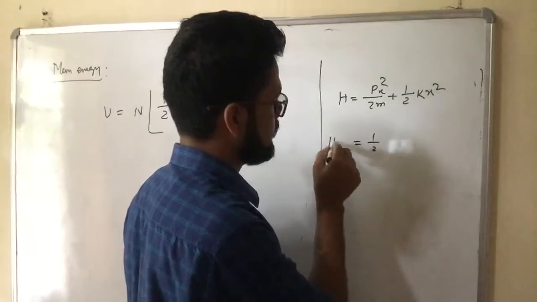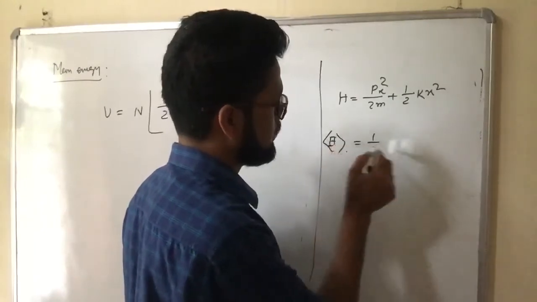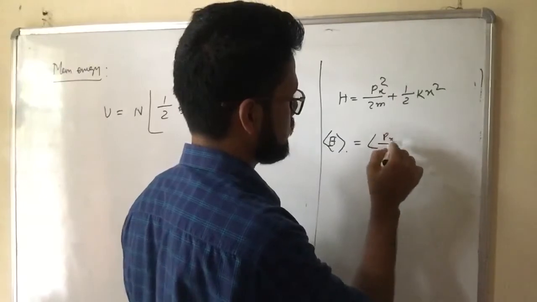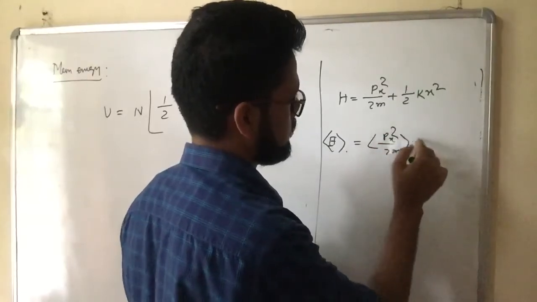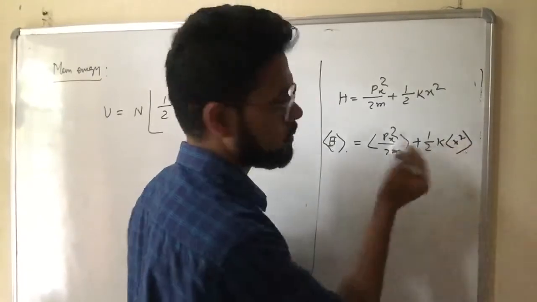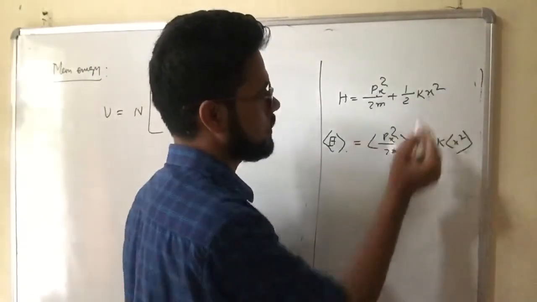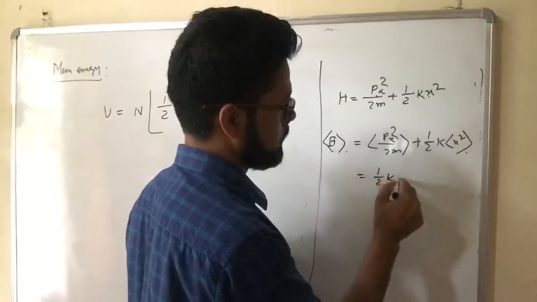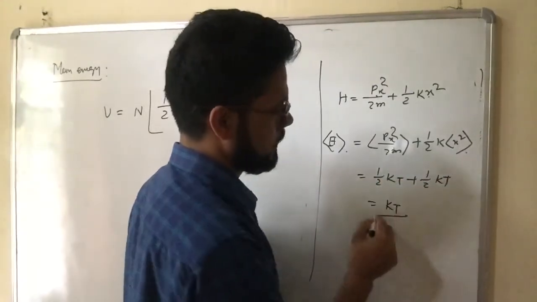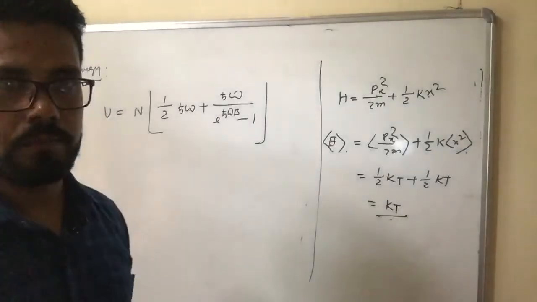The mean energy is equal to the expectation value of px square by 2m plus the expectation value of half k x square. These are 2 degrees of freedom, half kT plus half kT equal to kT. So in the one dimensional case, the mean energy is kT.